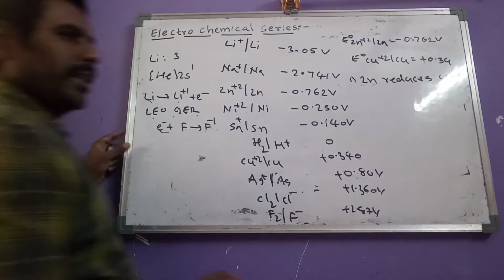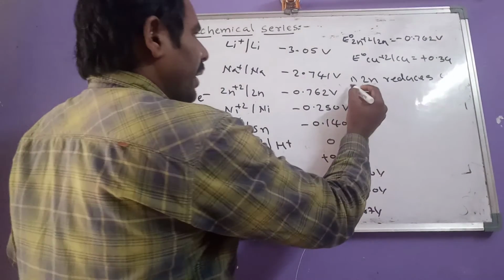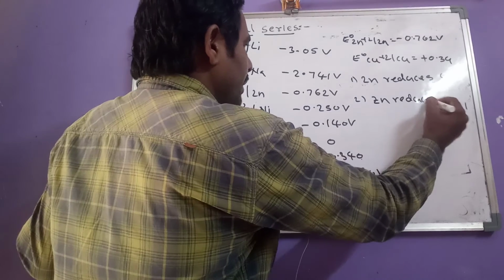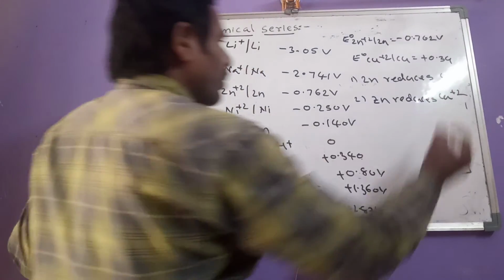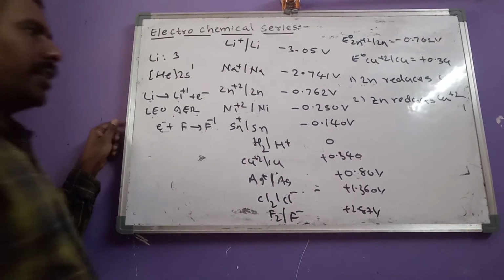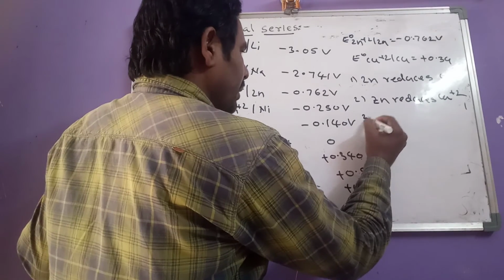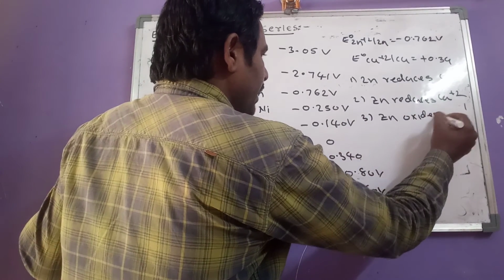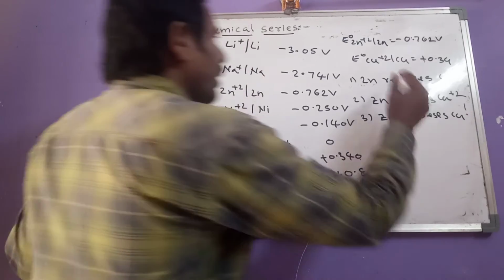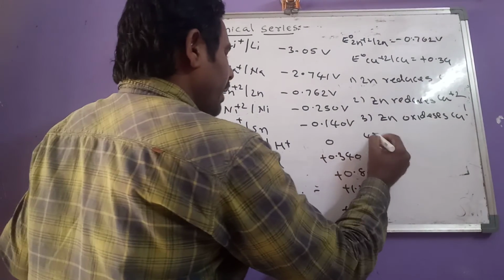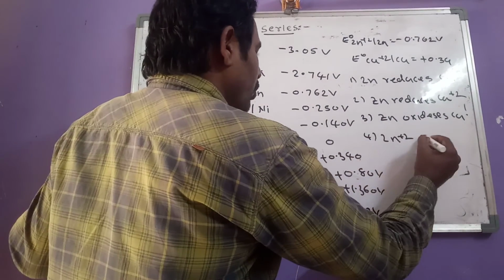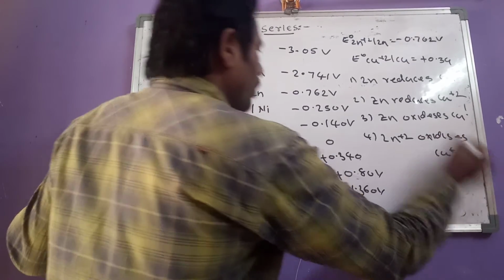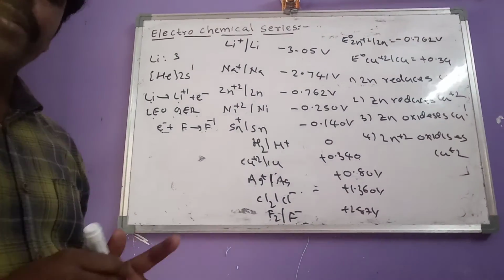Second option is zinc reduces copper 2+. Third option is zinc oxidizes copper. Fourth option is Zn2+ oxidizes copper 2+. Like that, four different options they give.